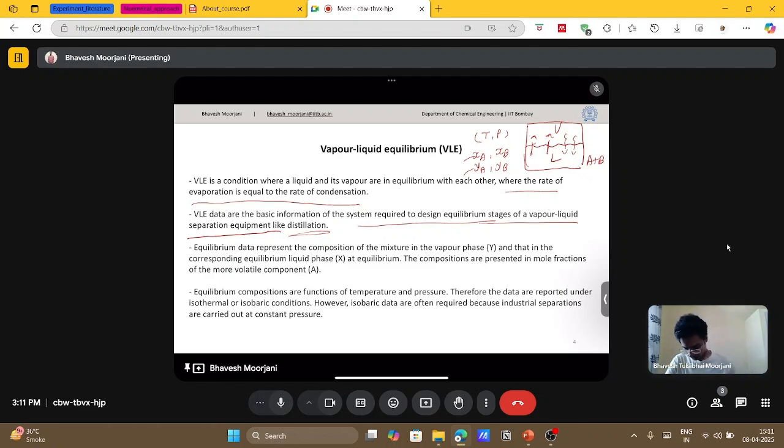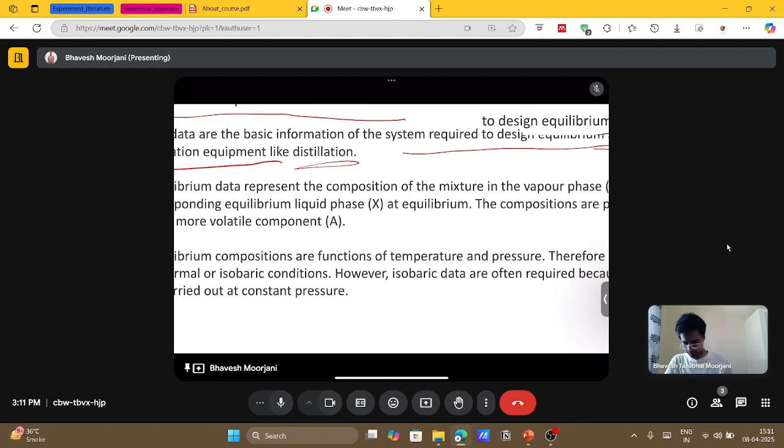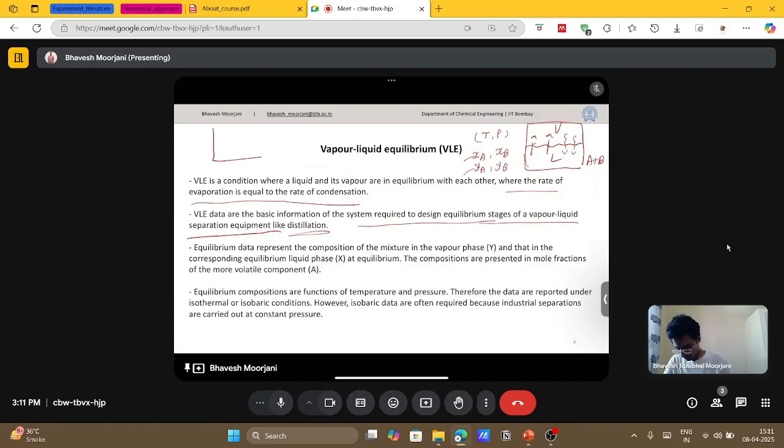For that we get this sort of plot. So for a given pressure and temperature, you might get this YX data. Then you know about the TXY plot also. Then there is the PXY plot.